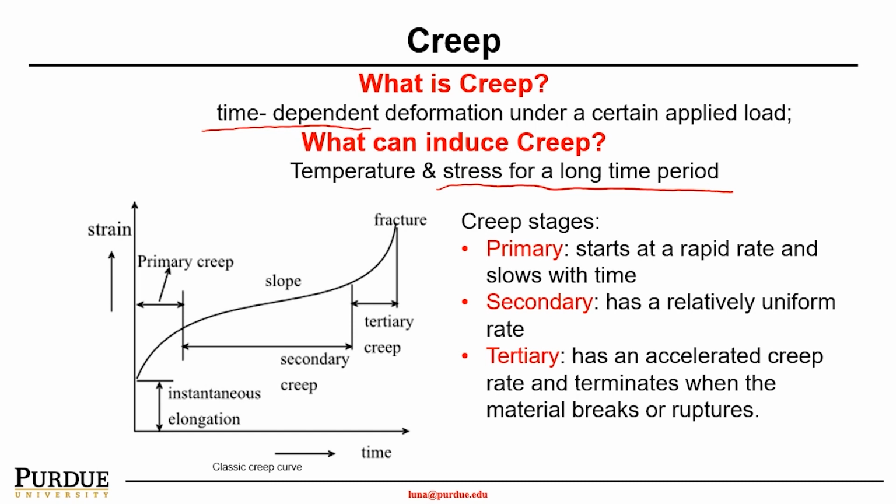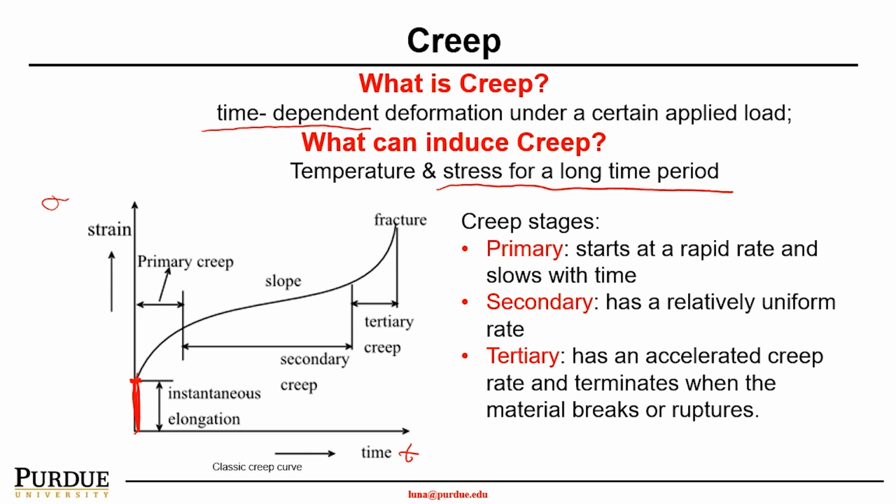And there are three stages of creep, right? If you look at the creep curve, this is your strain, this is your sigma, this is your T, right? This curve is different from your tensile strength curve, which is linear. At the beginning here, you have this elastic region, right? So this is a linear response. And then once the material goes through that, you get into this creep region.